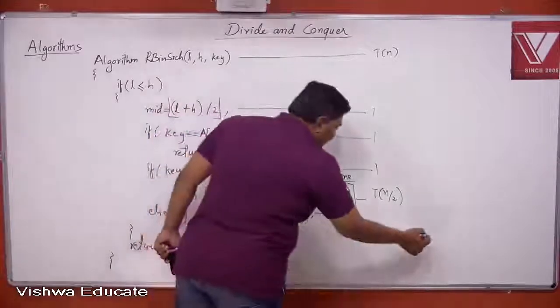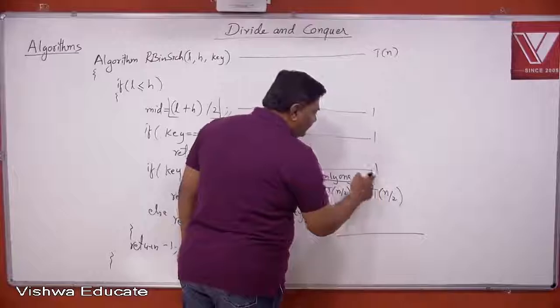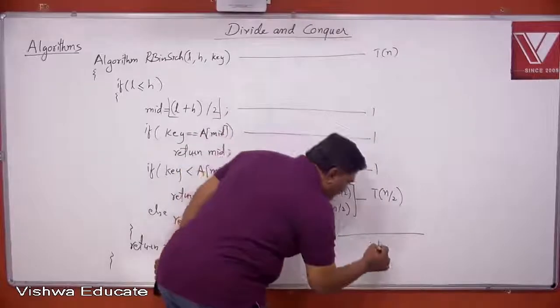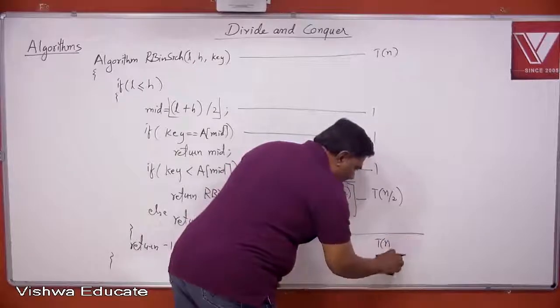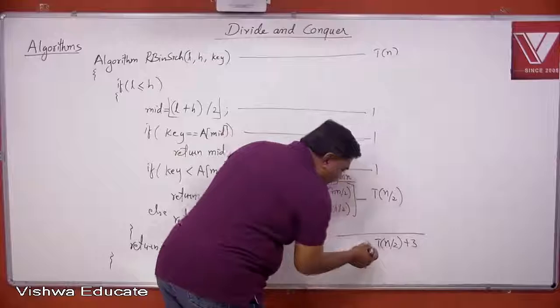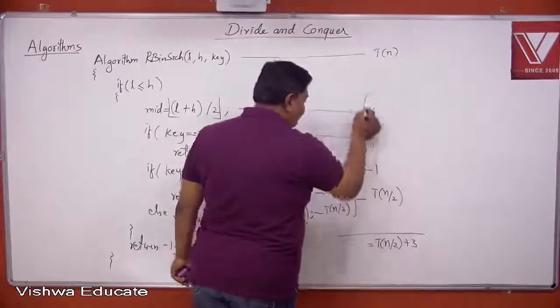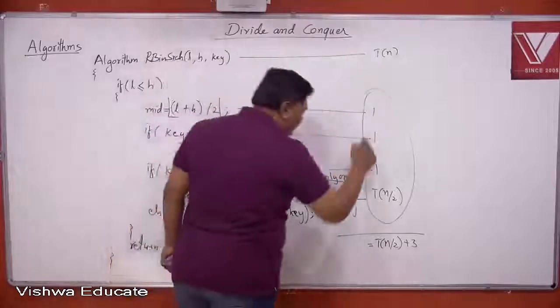Then what is the total time taken by this one? T(n/2) plus 1, 2, 3. So T(n/2) plus 3. This is the time of the entire algorithm. So we are mentioning the time as T(n).